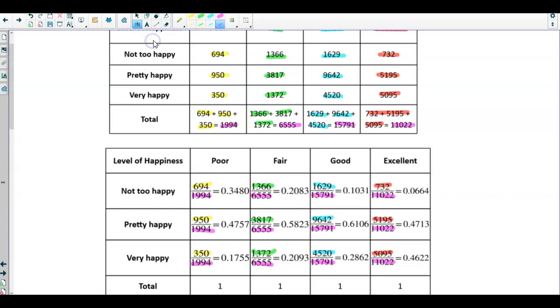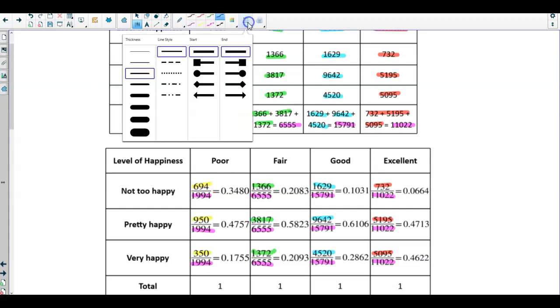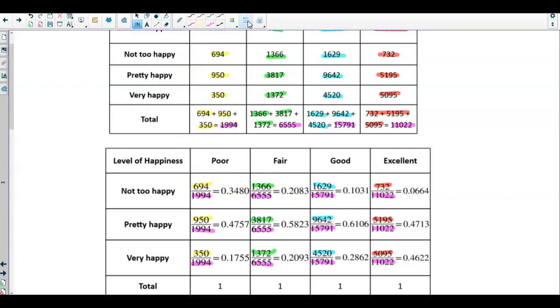Now we're going to round each one to 3 decimal places. In the first one we have 0.348. Next is 0.476. Next is 0.176, 0.208, 0.582, 0.209.